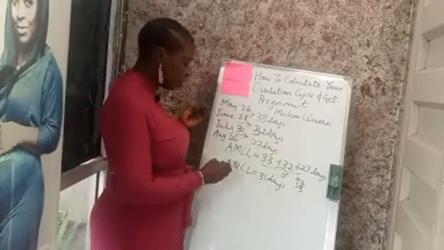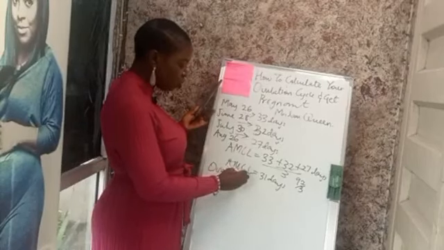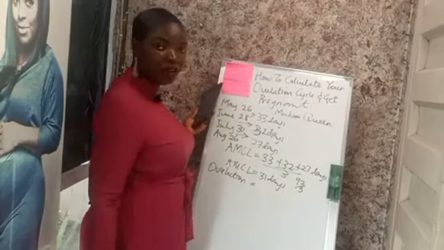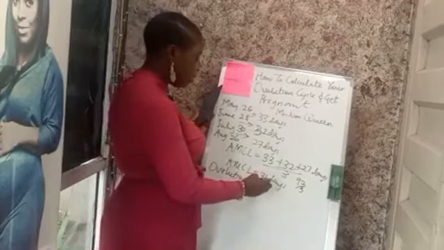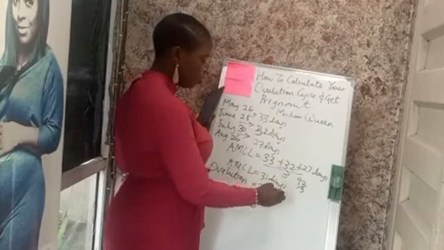Then the next thing we're going to be looking at is to calculate Mrs. Queen's ovulation day. So ovulation day, using the baseline of 14 days into our next menses, will be 31 minus 14.